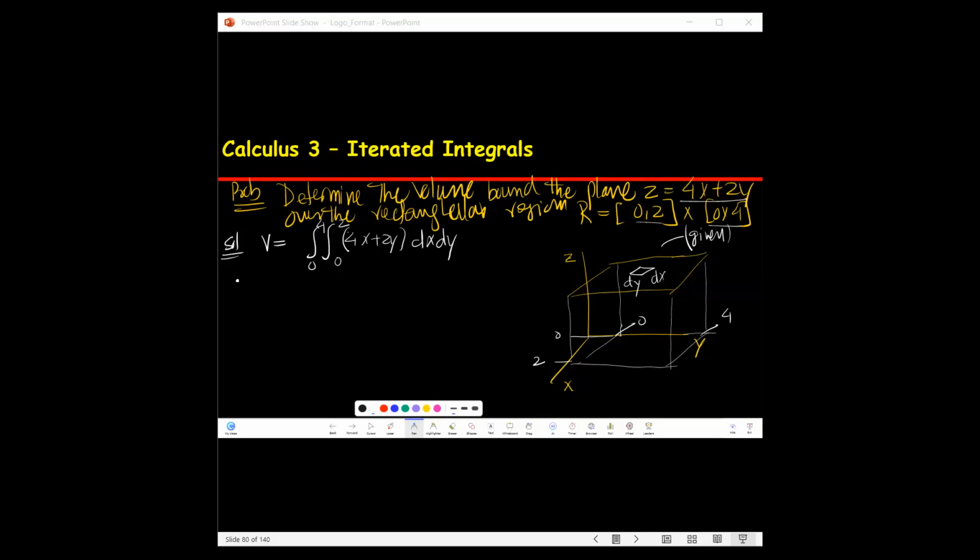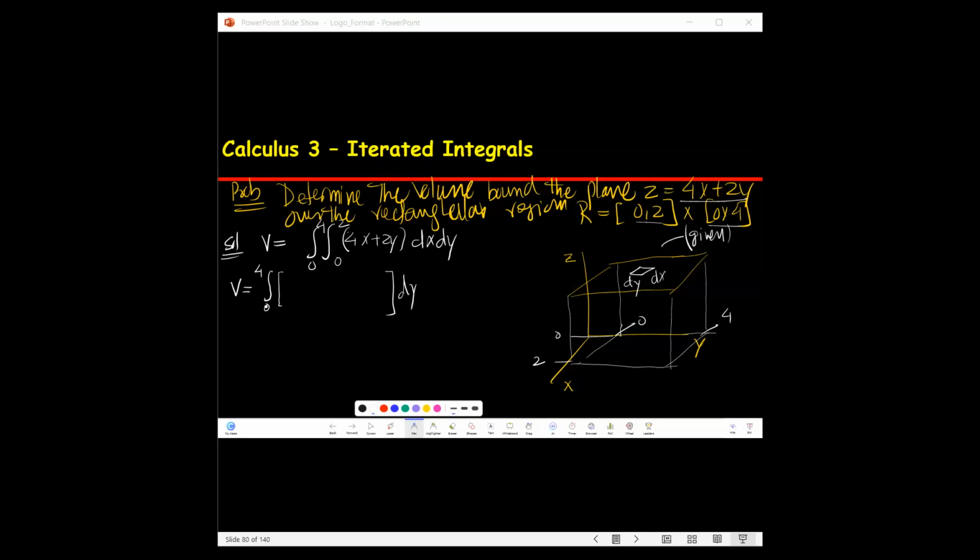Now if I'm going to be taking the double integral, I'm going to take the inside one first, and the best way is writing it in a parenthesis, and then dy.